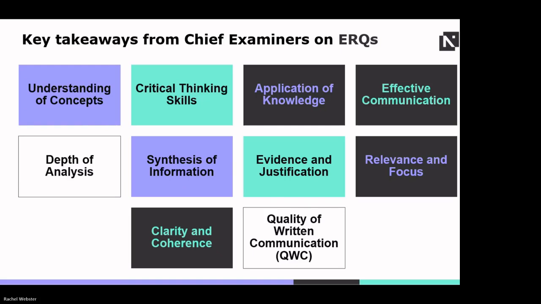But what was interesting was there's a lot of commonality between the different qualifications for extended response questions, and that's across qualifications at both level 2, particularly, and level 3. And these are the things that you can kind of treat as key takeaways for the things that chief examiners are pulling out of responses when they do their examining at the end of the exam season.